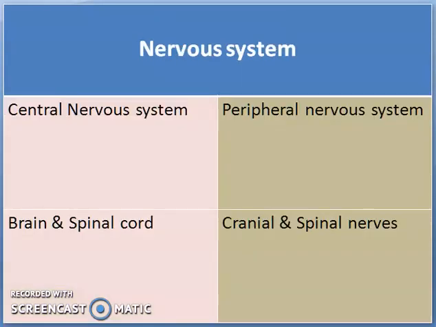The nervous system consists of two parts, basically: the central nervous system and peripheral nervous system. The central nervous system consists of brain and spinal cord.